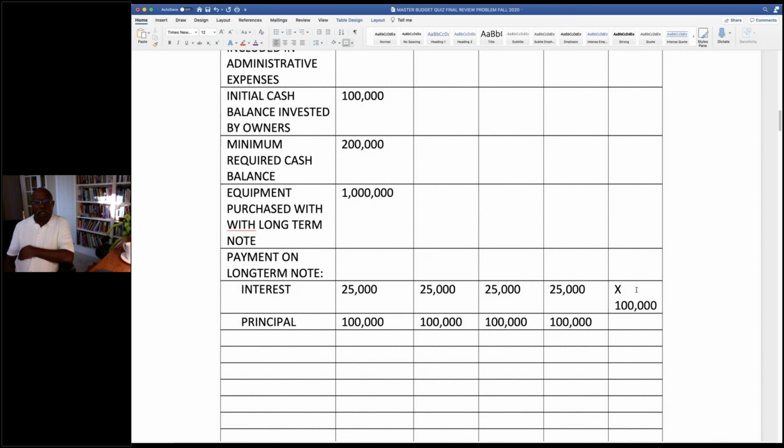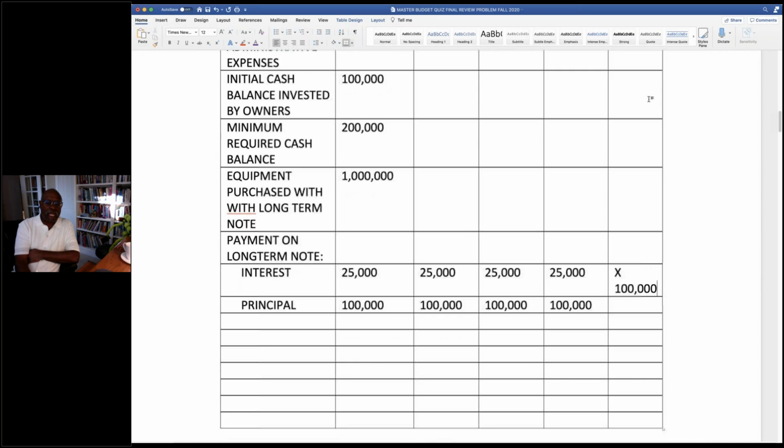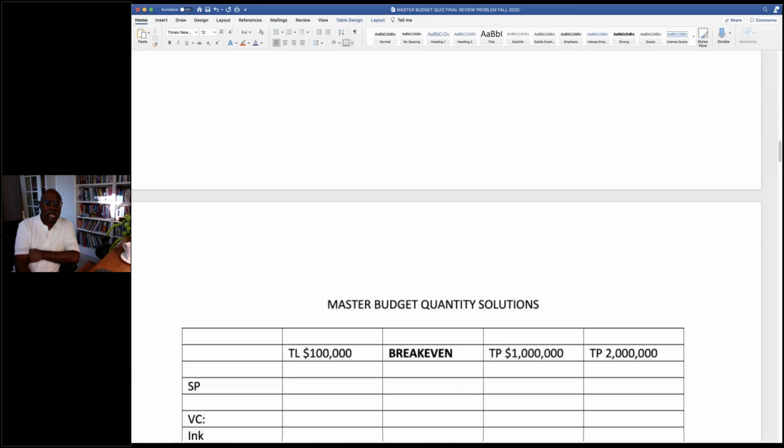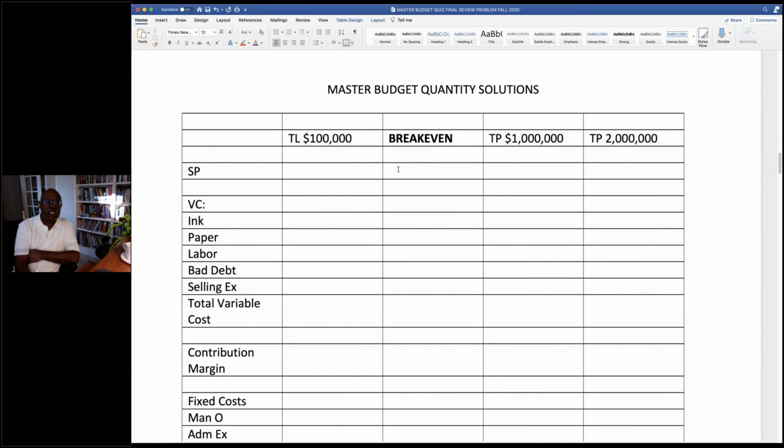So when you begin the problem tomorrow, you put your X's in where these X's are, make your calculations, and now we're able to come over to this page. We said the selling price was what? 300. Ink, 40. Paper, 15.